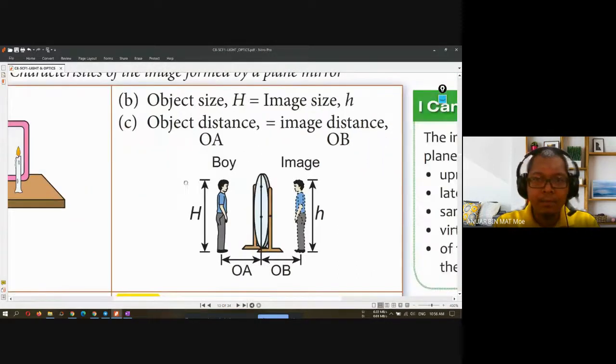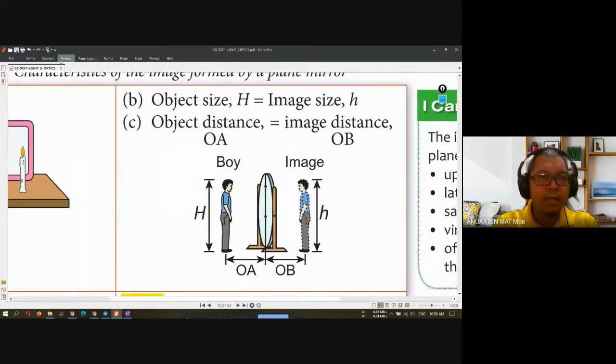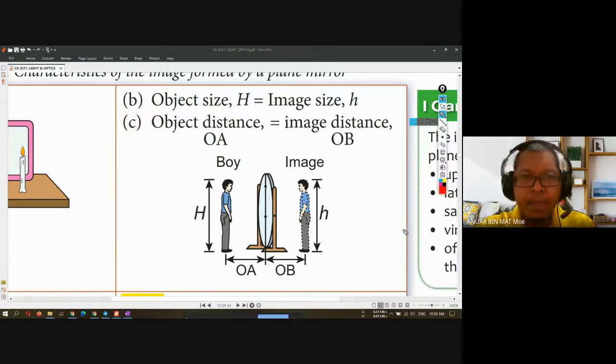This is number two. Okay, so if you can see here the characteristic on number two, the object size, capital H, is same or equal to image size in the mirror, small h here. Okay, I think you already know about this. You still remember the image formed in the plane mirror? The size is same, right?